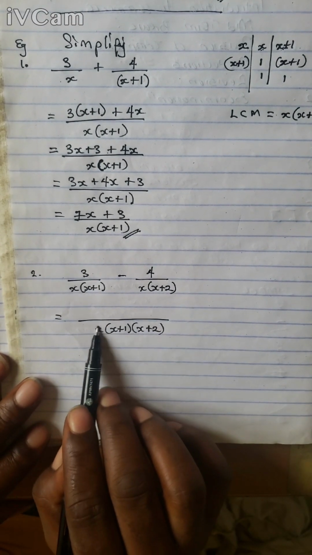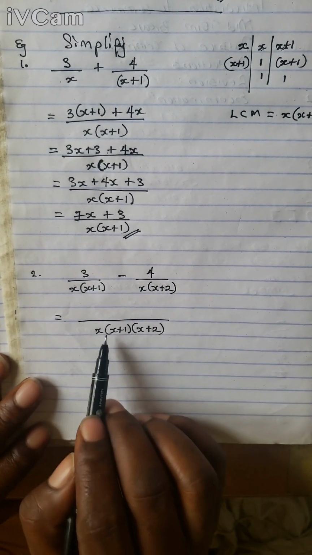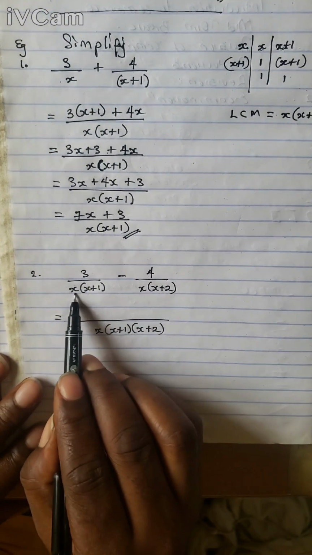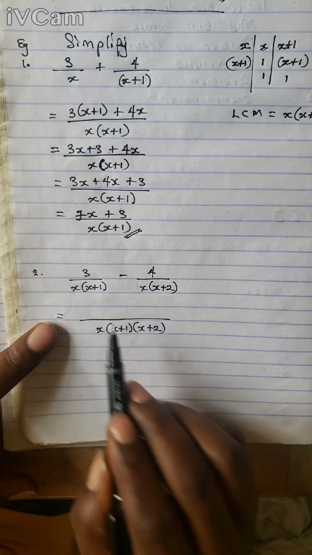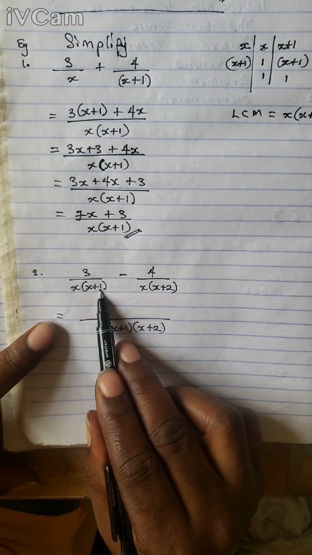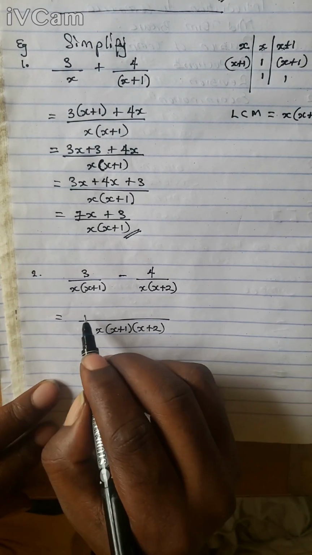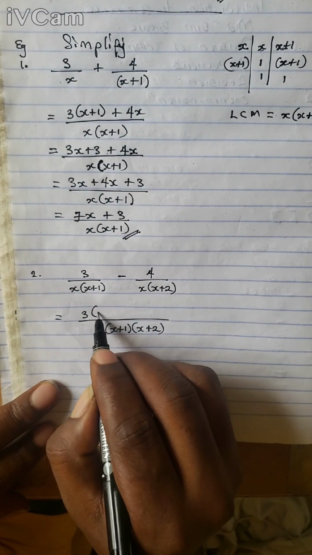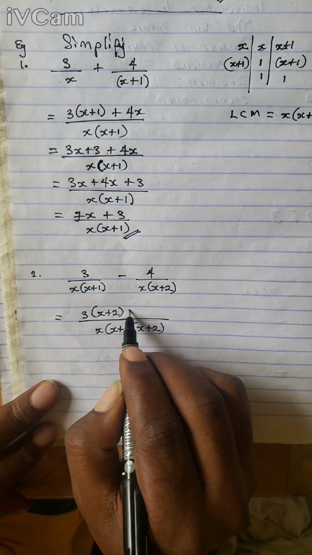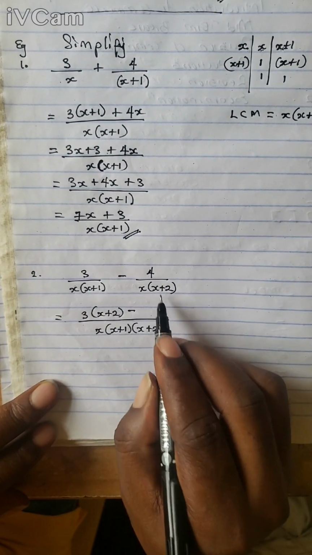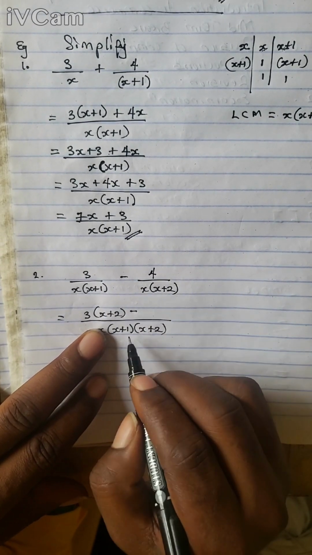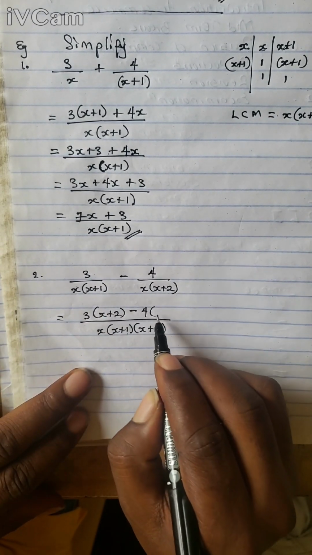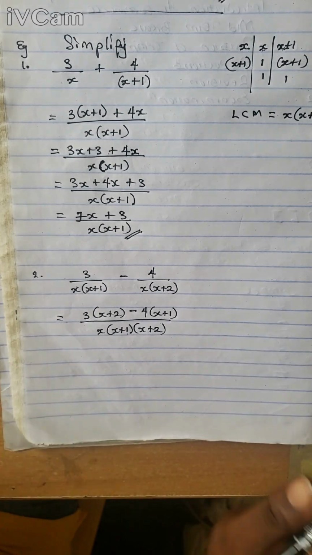So when you divide this whole thing here by this, this one and this one will go, you have only this left. So you're going to have 3 into x plus 2, minus, do the same thing here, these two will go with these two, so you have this left, 4 into x plus 1.